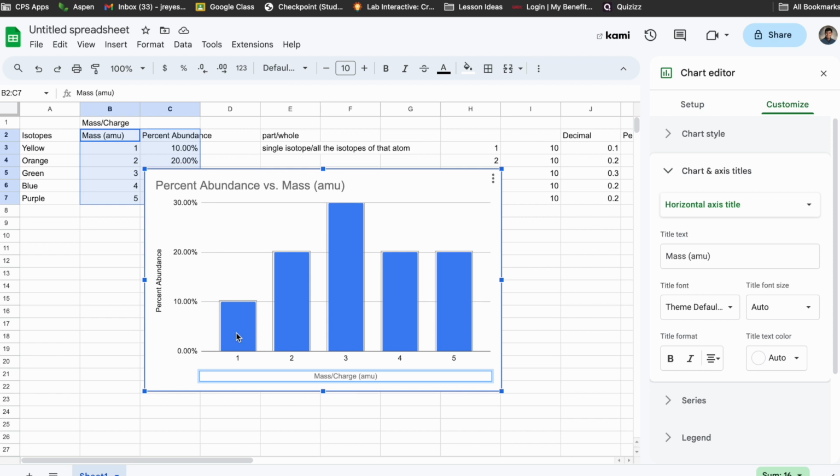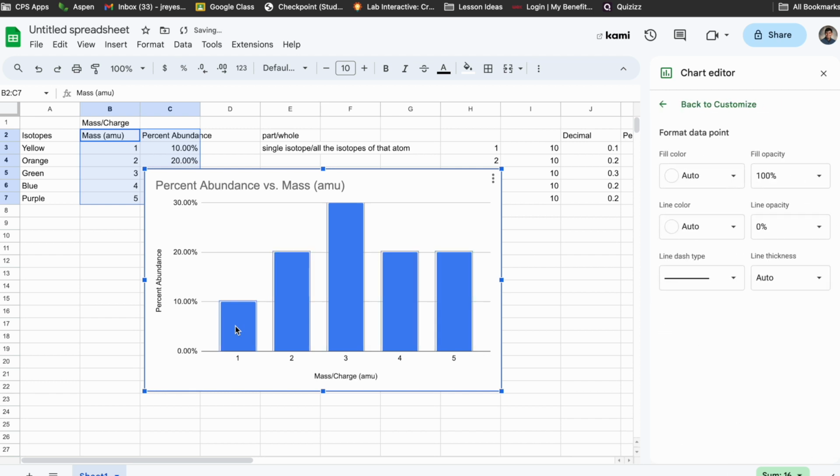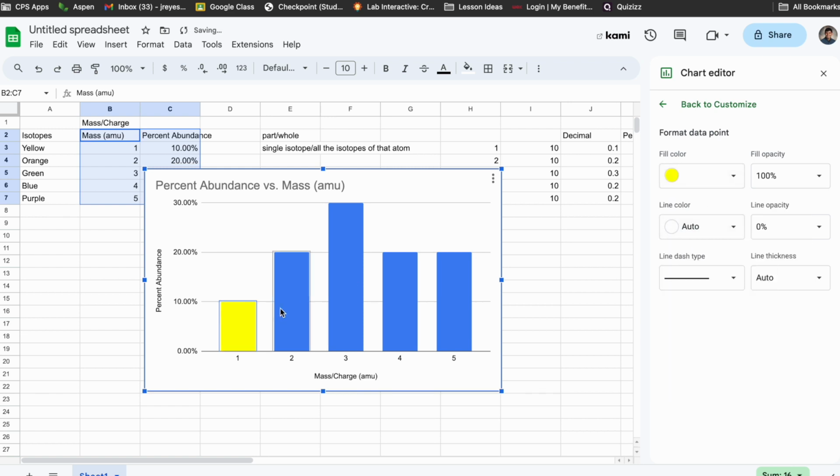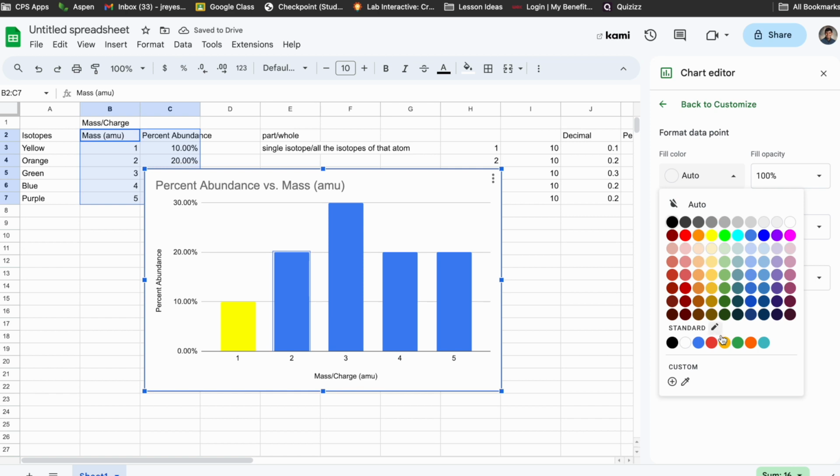And what I'm going to do is I'm going to change the colors here. You don't have to, but I'm just doing this specifically because I want you to see exactly how this matches up. So I'm going to double click on this, and I'm going to change the autofill color to yellow. You don't have to do these things. I'm just showing you so that you can see exactly where they line up.